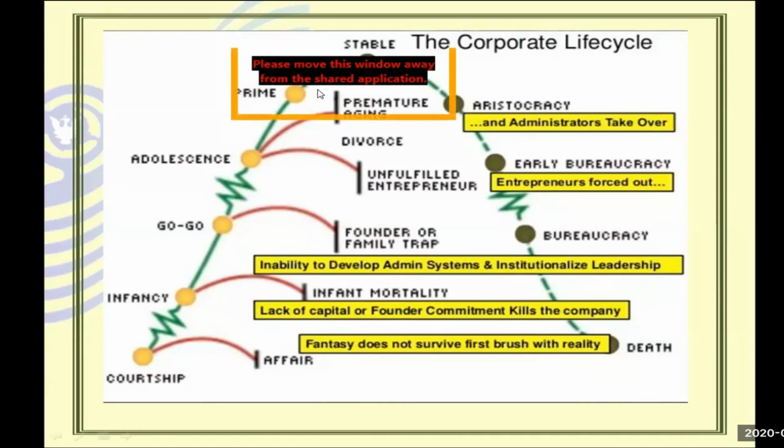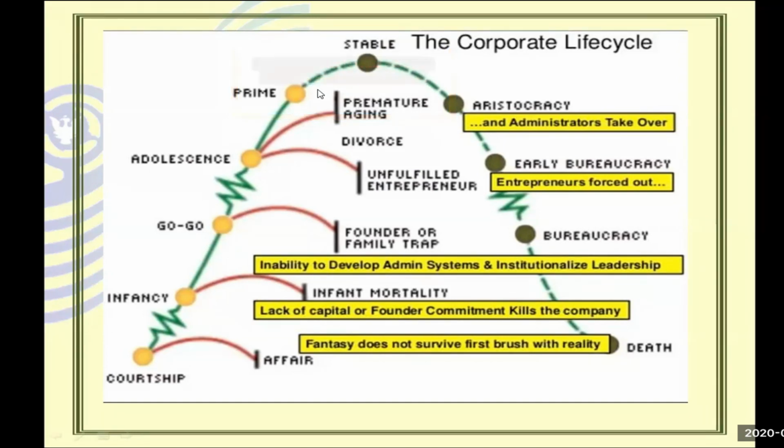If it's an affair, it means it does not brush with reality. Maybe you want to start a transport business or passenger business, but there is lockdown, people are not moving. That means no business, that idea may not survive. Maybe you want to start a new airline today, but movement has been curtailed because of COVID and so forth. So that idea may not go far. That means it may die.